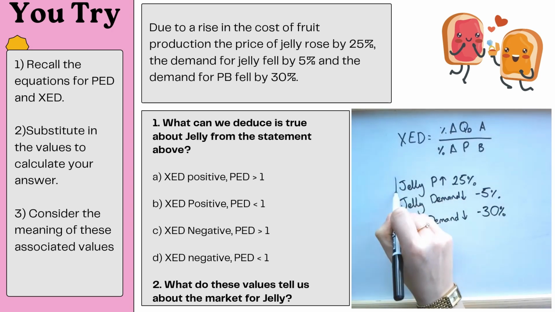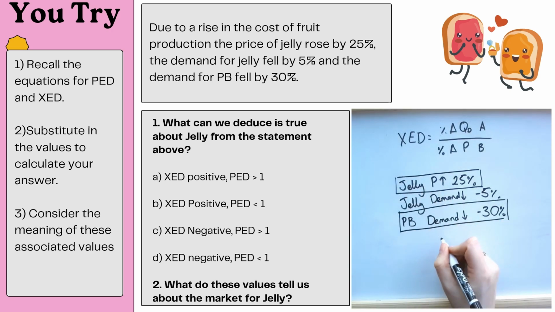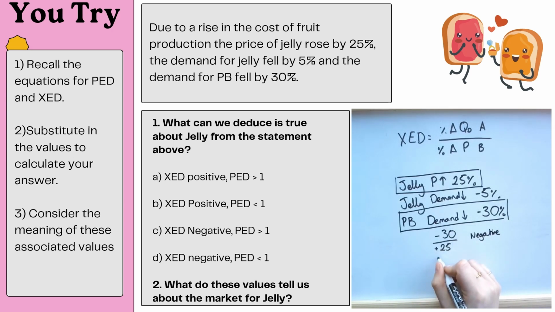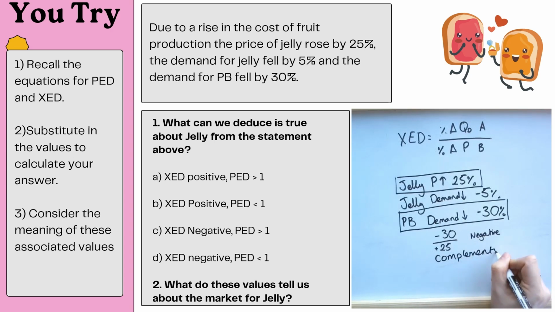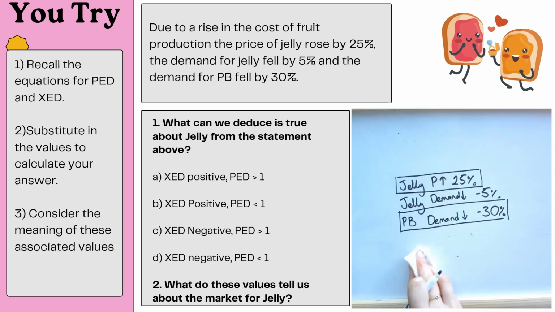We are interested in the effect of the change in price of one good on the quantity demanded of the other, so we're going to take the negative 30% divided by 25%, and that will give us a negative answer. We don't even need to worry about calculating exactly because the multiple choice doesn't require us to. If we have a negative number for XED, that means we know we have complements.